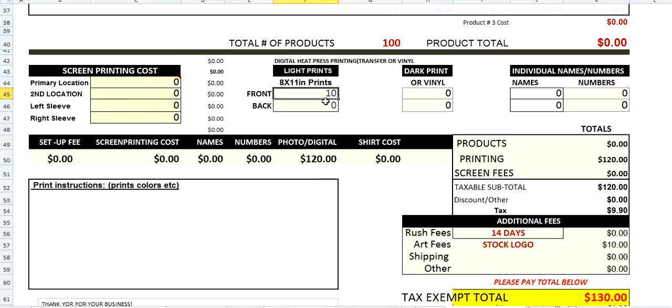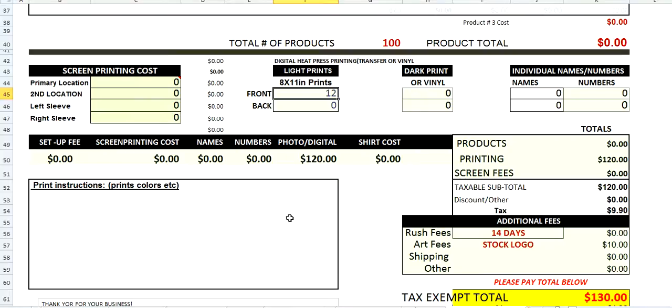Okay, now let's see if we put in 12 prints, what happens? Okay, did we not add in the discount rate? Let's see. Let's go 24 prints. Okay, at 12 prints, how much are we paying? $10 a shirt. Okay, 12 times 10 would be $120.